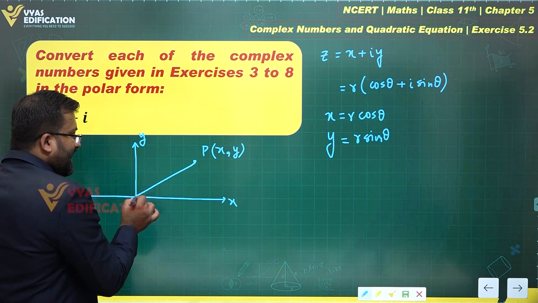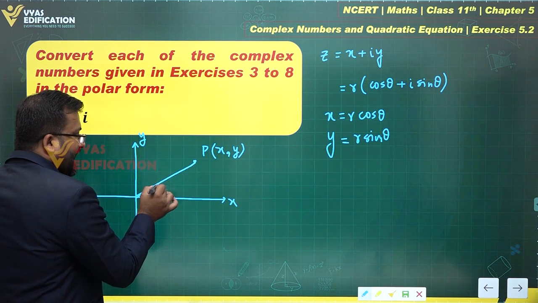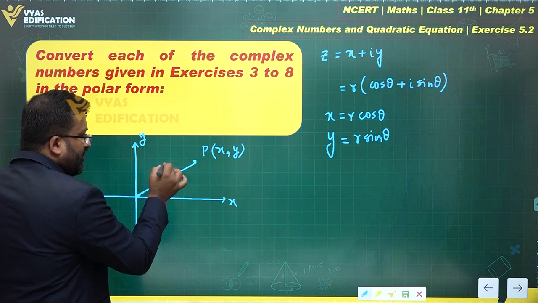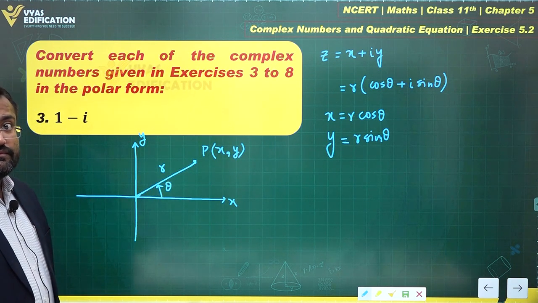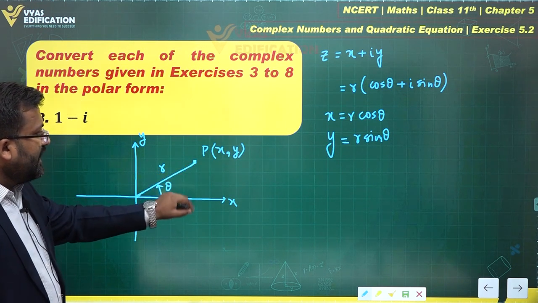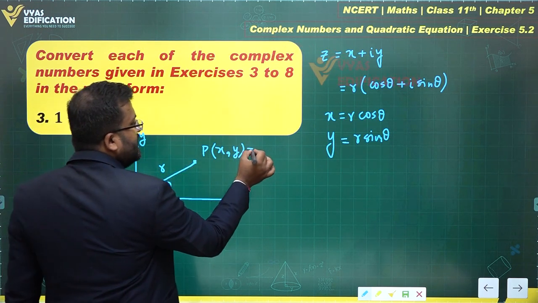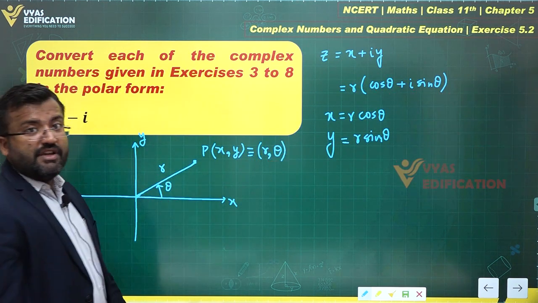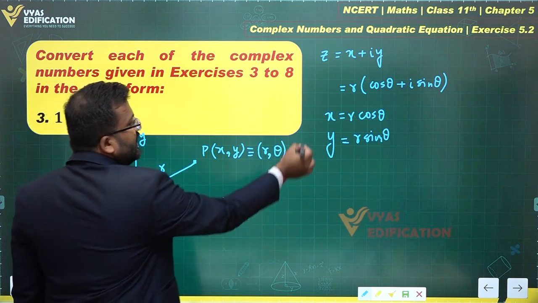We draw an angle theta first and mark a point at a distance r on this ray at an angle theta, and therefore you reach P. So this P can also be represented by r comma theta.